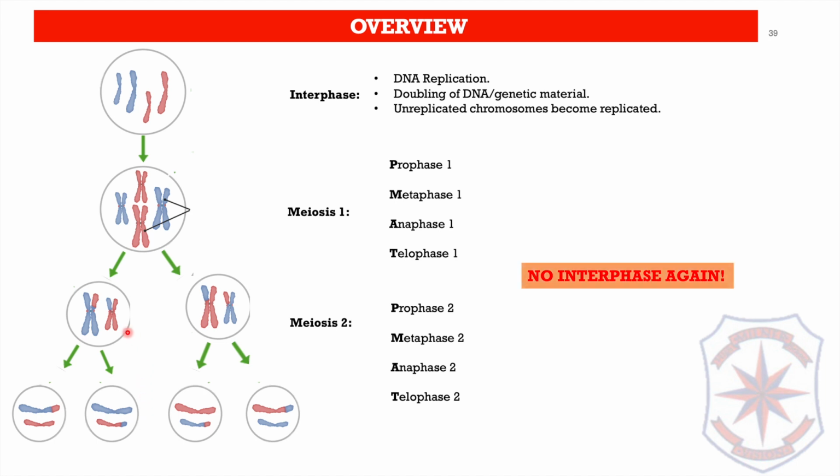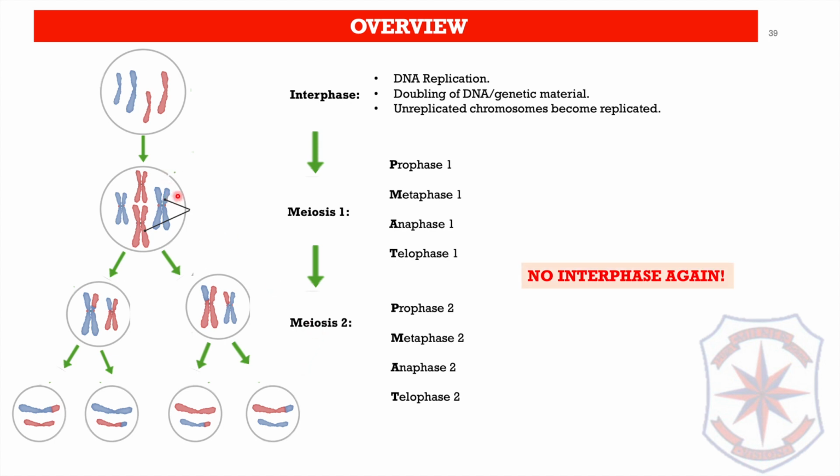So at the end of telophase 2, that is the end of meiosis 2, and that is the end of the meiosis period. At the beginning of meiosis 2, we start with 2 daughter cells and we finish with 4 daughter cells. And as you can see, there is no halving of chromosome numbers during meiosis 2.